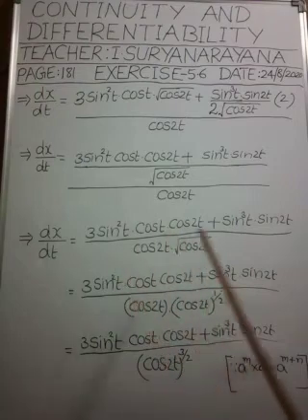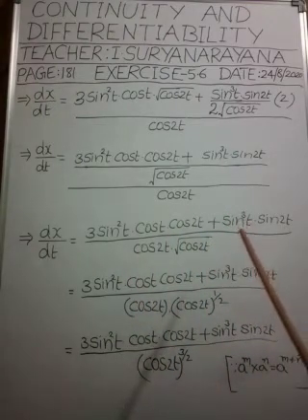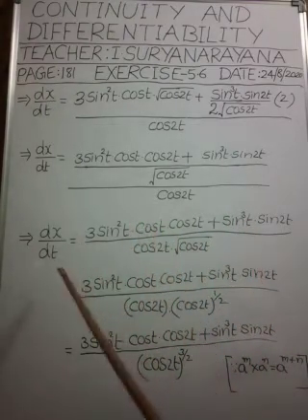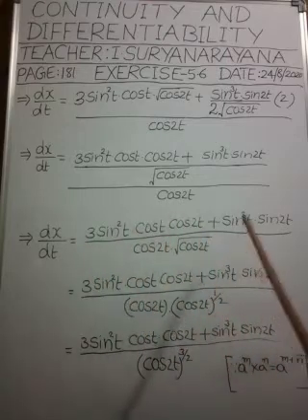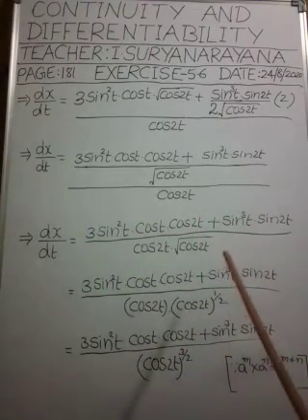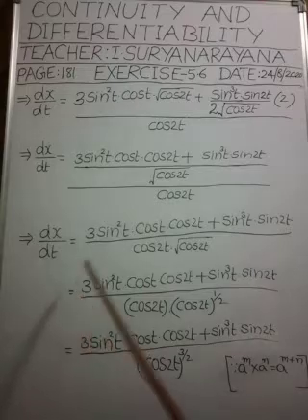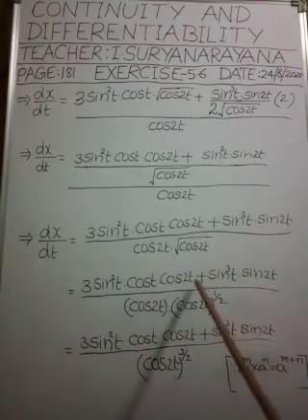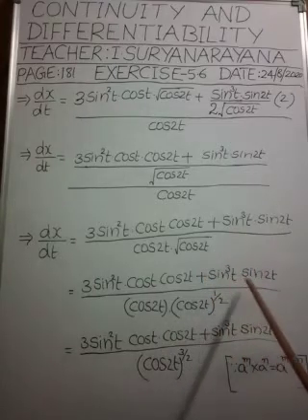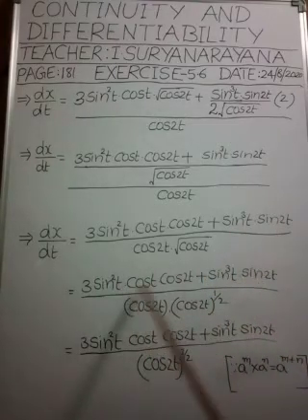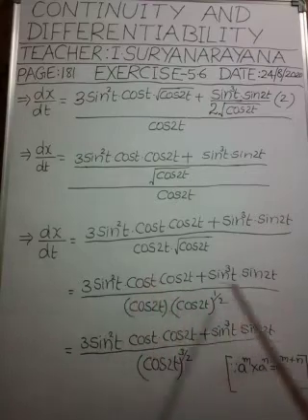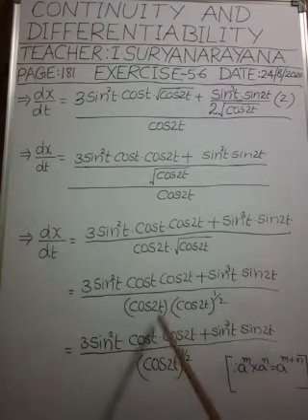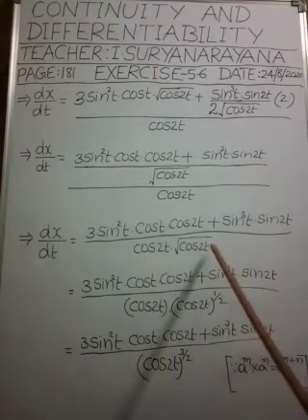Right. We are simplifying the function. We have already found dx by dt, but we are writing the simplest form of the given function. Okay, my children? That is equal to 3 sin square t into cos t into cos 2t plus sin cube t into sin 2t. We wrote the numerator part as it is, divided by cos 2t into root cos 2t.